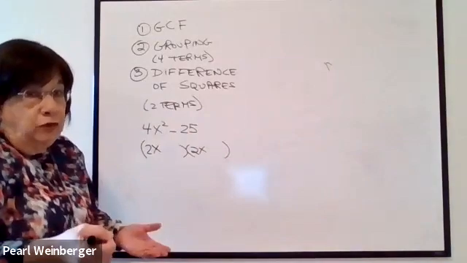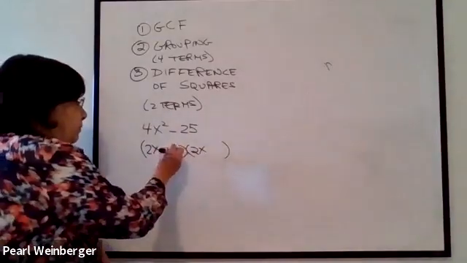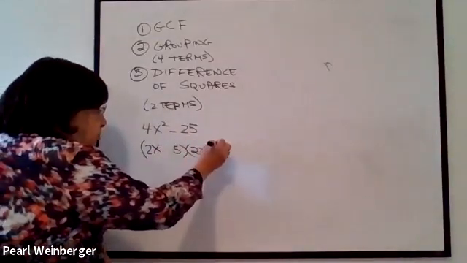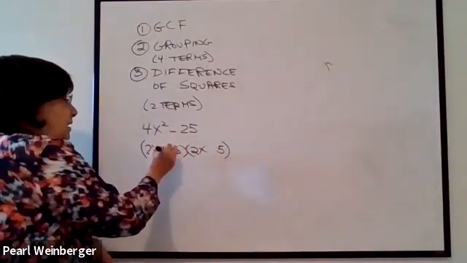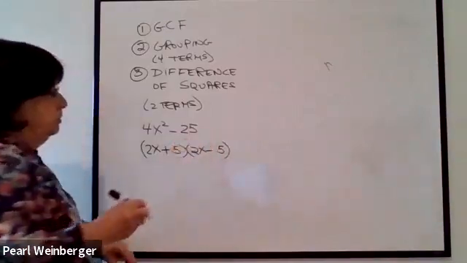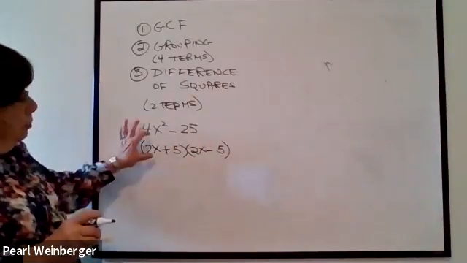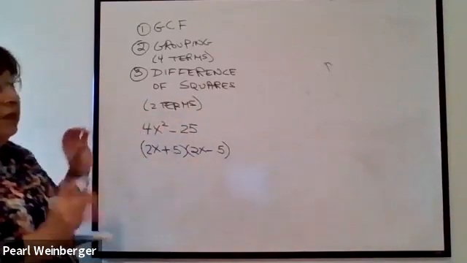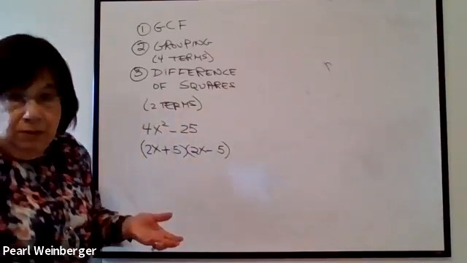You find the square root of 25. It happens to be 5. You put the 5 in each parentheses. And then in one parentheses, you put a plus, and in the other parentheses, you put a minus. In other words, you get 2 conjugate binomials. Remember, we just talked about that.